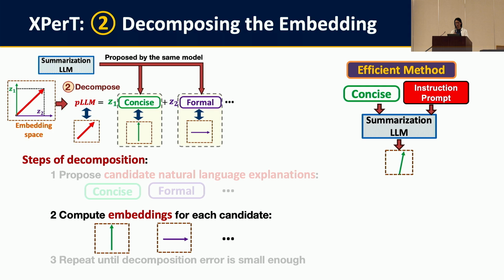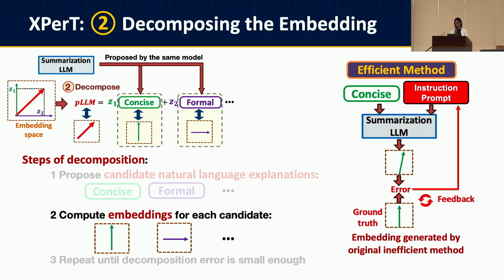So to ensure accurate generation, we need to carefully craft the instruction prompt. So we do offline prompt tuning, which means we treat the instruction prompt as trainable parameters, and the embedding generated by the original inefficient method can serve as the ground truth of this prompt tuning.